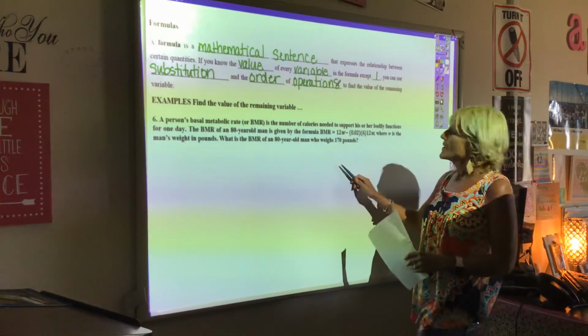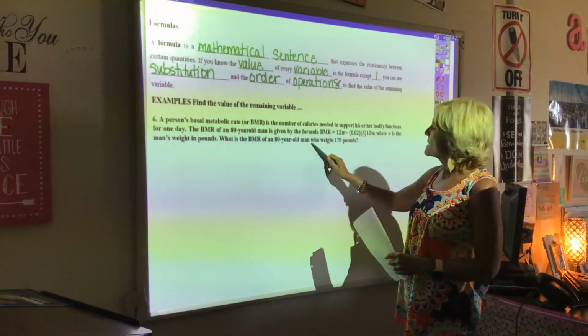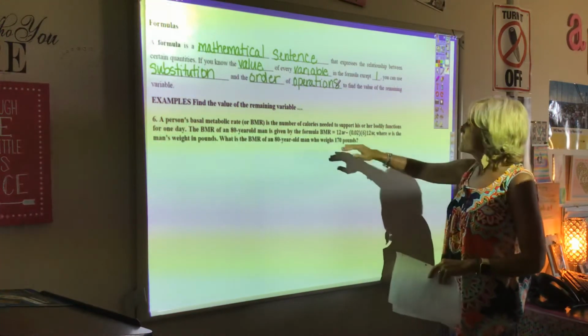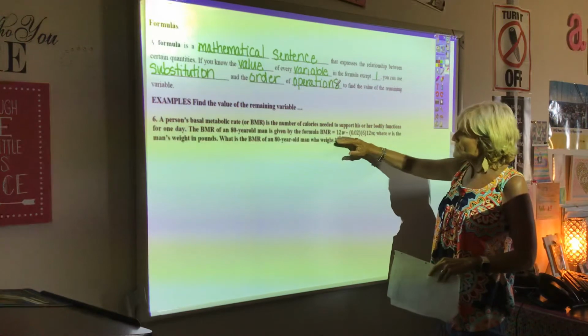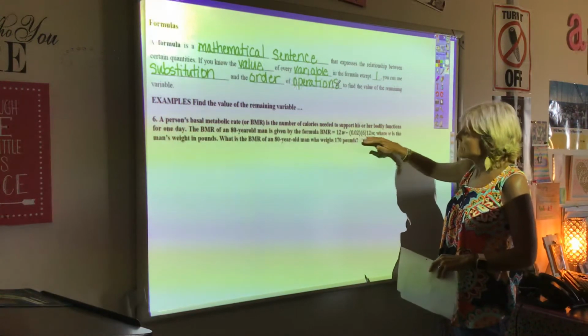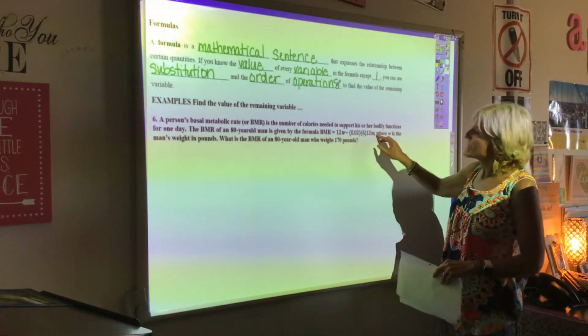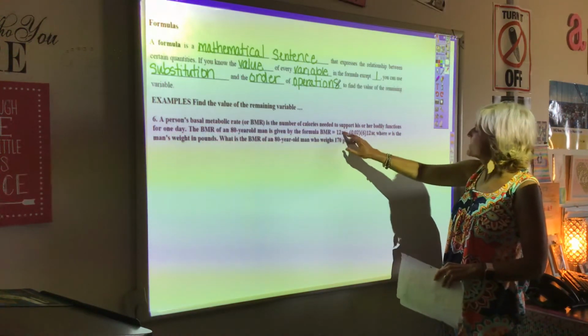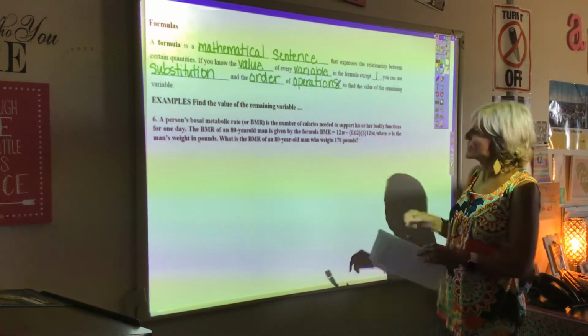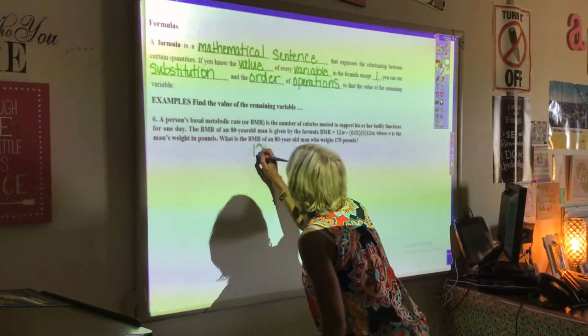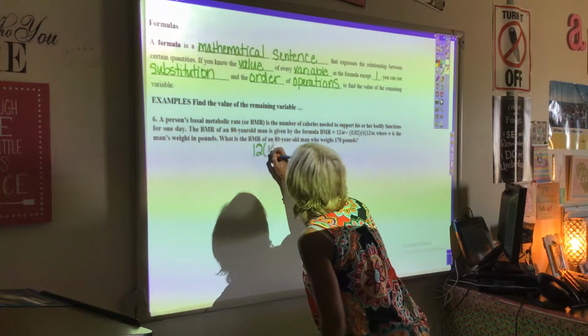What is the BMR of an 80-year-old man who weighs 170 pounds?